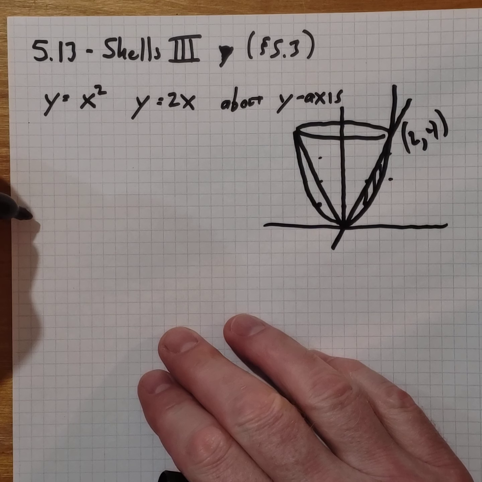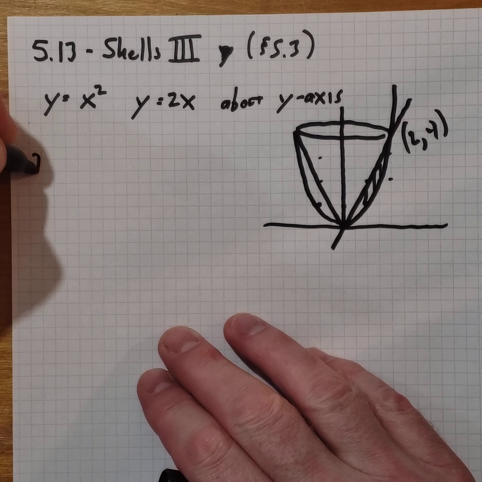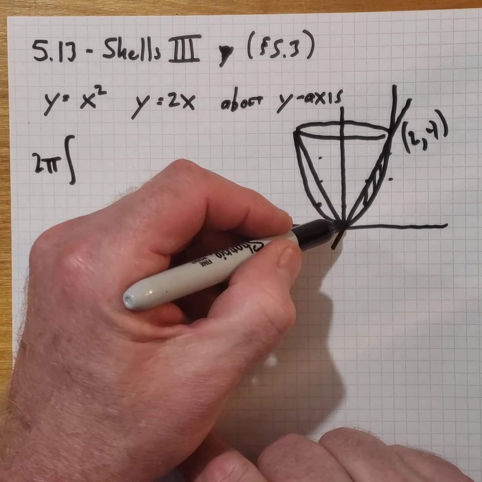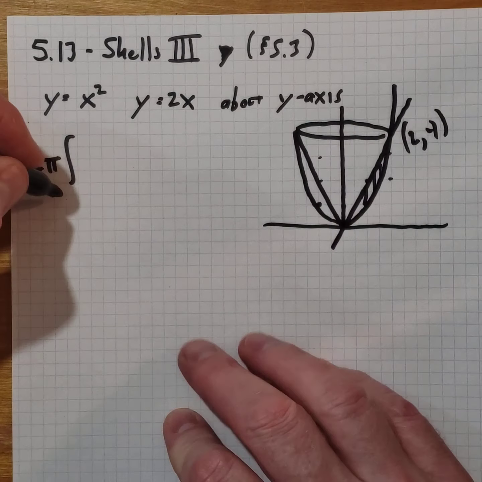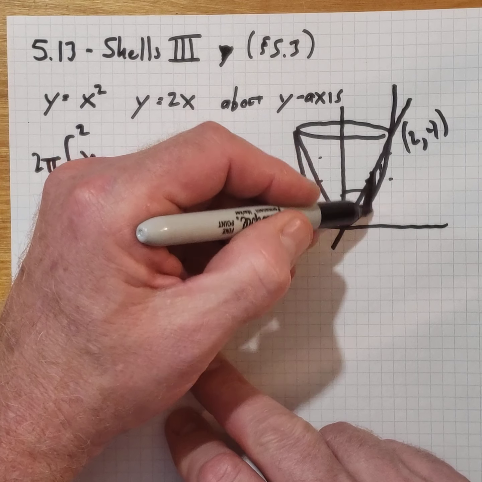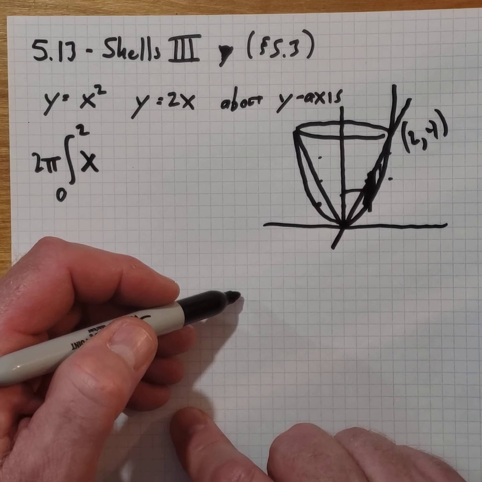Remember, our setup is going to be 2 pi, the integral from where the region starts to where it ends. It's going to be 0 to 2 again. The distance that the rectangle is from the axis, which is x. And then the height of the rectangle. This is the first one we've looked at like this.